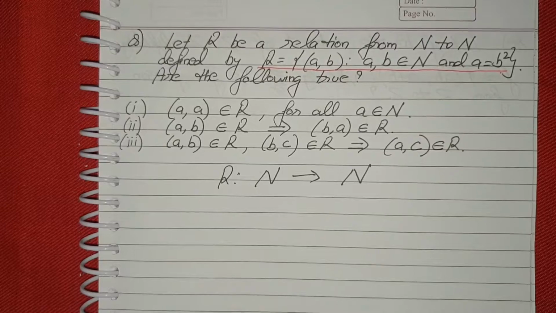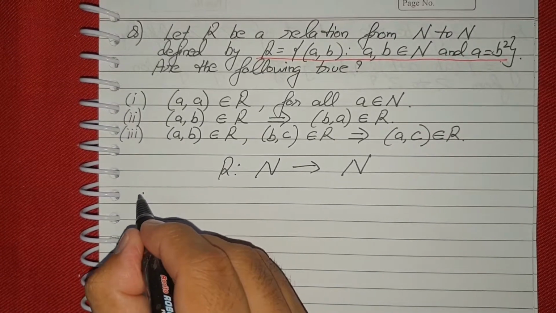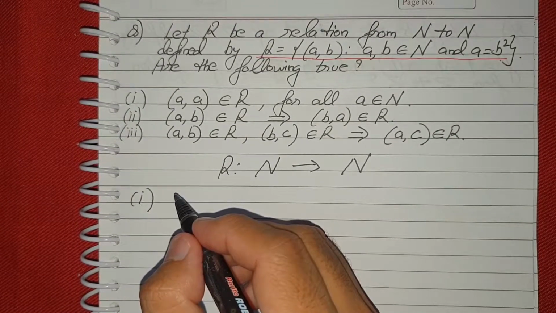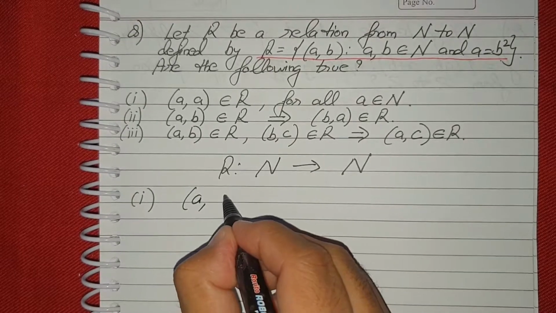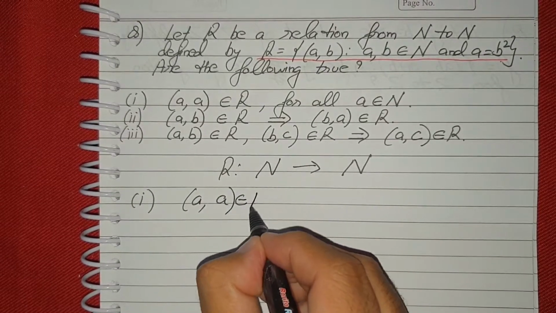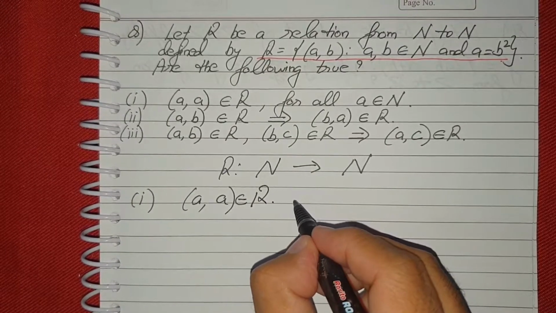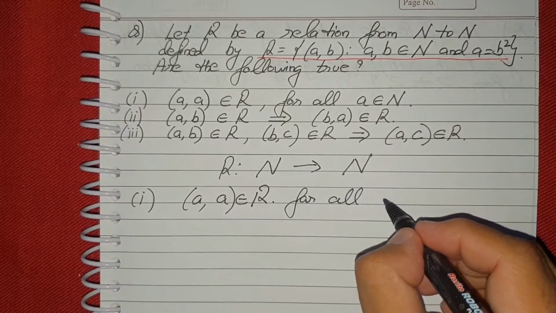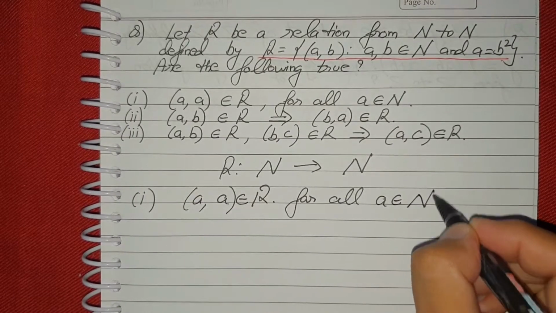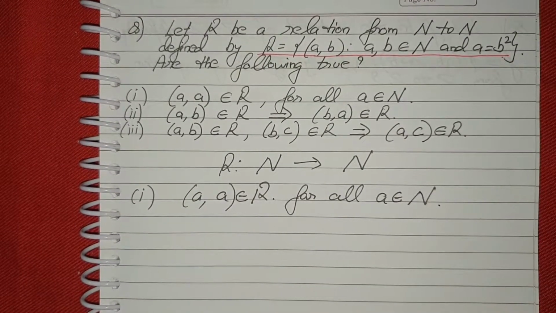Okay, taking the first point: (a, a) belongs to R for all a belongs to natural numbers. Now this is false. Why?